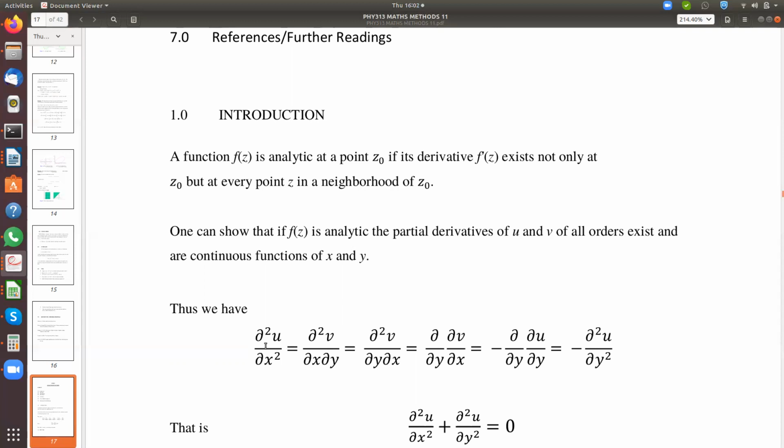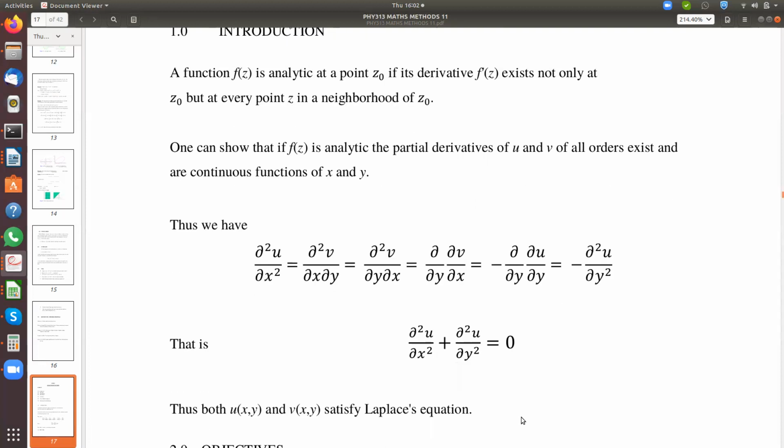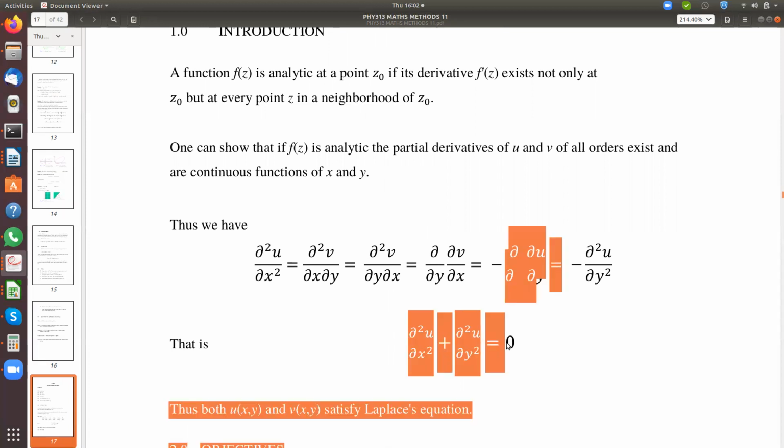This can be expressed as d/dy of dv/dx, which is the same thing as negative d/dy of du/dy, which is the same thing as negative d²u/dy². This means that when you combine these two, the sum is equal to 0. If this exists, then you say the function is analytic. Thus, if you have u of x and v of x that satisfy the Laplace equation, because this is more or less like a Laplace equation.